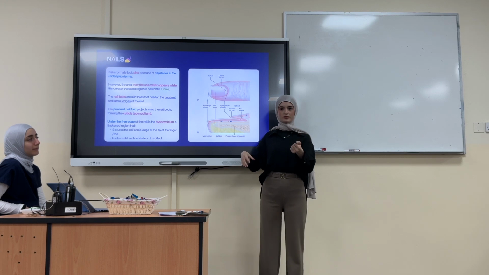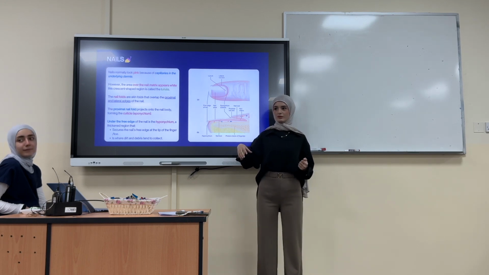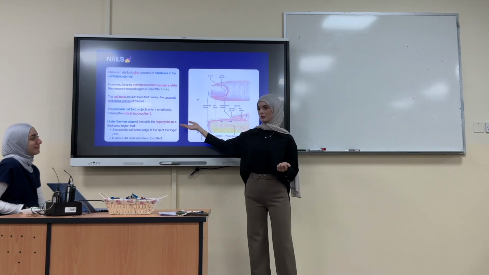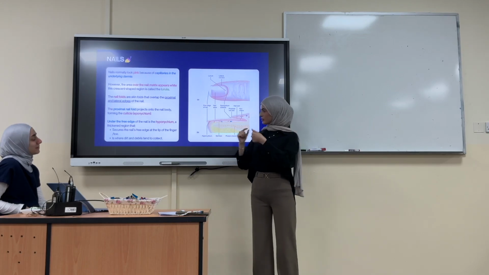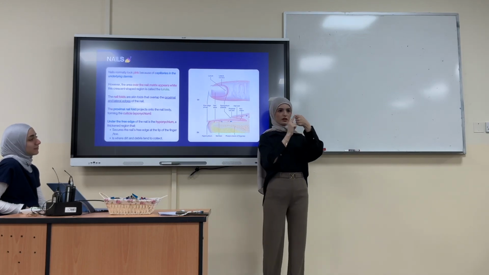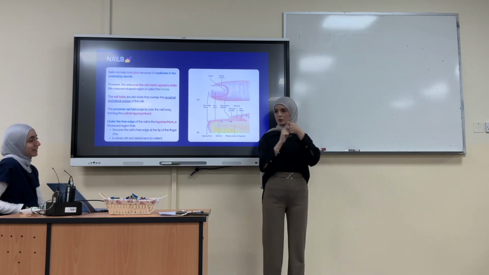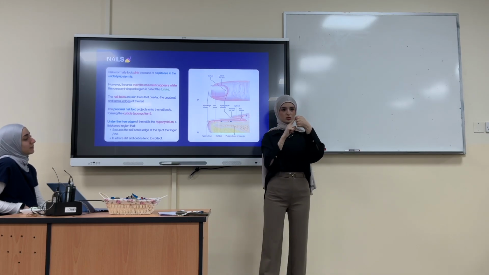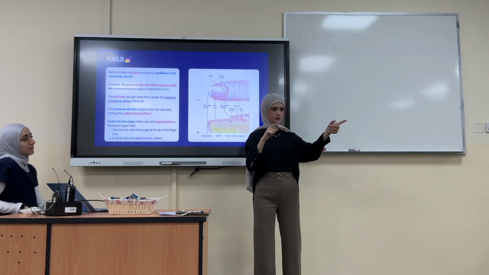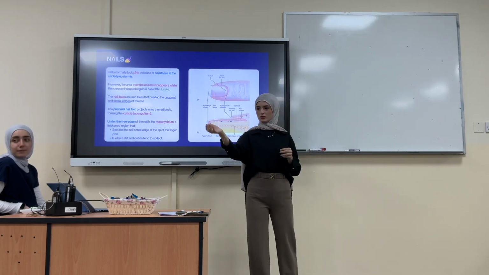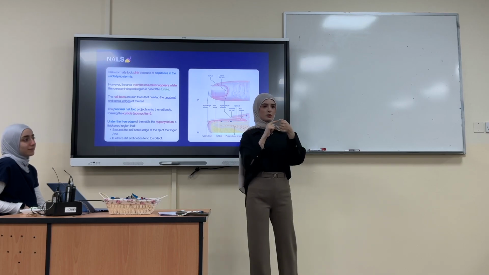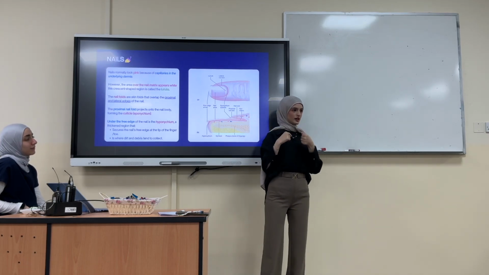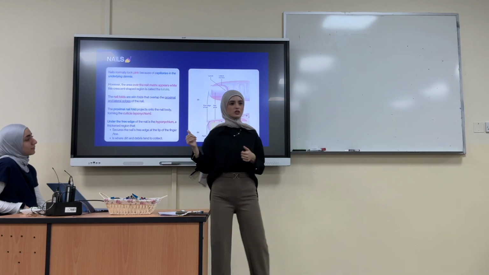What's another name for the cuticle? Eponychium. Under the free edge of the nail, what do we have? Hyponychium. This thickened region fixates the nail so it doesn't fall apart, and it's the part where debris or dirt collect. Okay, do you have any questions?